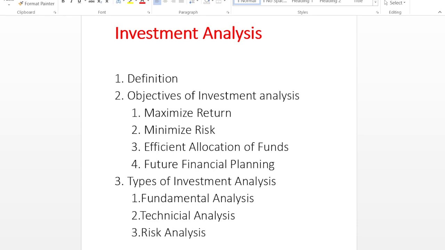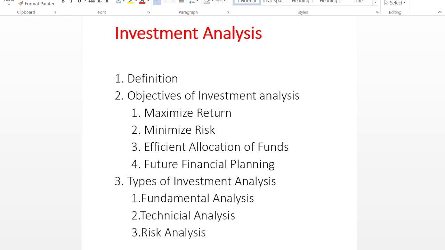Basically, the definition of investment analysis is the process of evaluating different financial assets such as stocks, bonds, projects, or businesses to determine their profitability, risk, and suitability for investment.